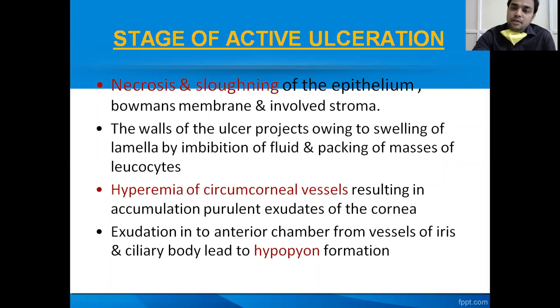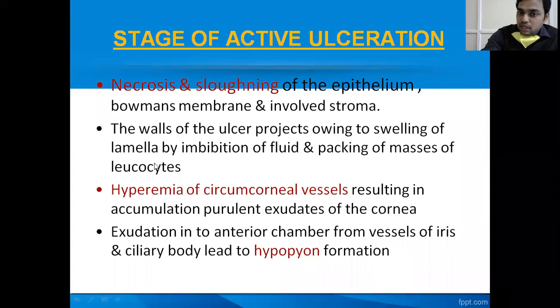As there is a continuous release of toxins and enzymes by the pathogen, there is a necrosis and sloughing of the epithelium, Bowman's membrane, and involved stroma, and the walls of the ulcer project owing to the swelling of the lamellae by imbibition of fluid.